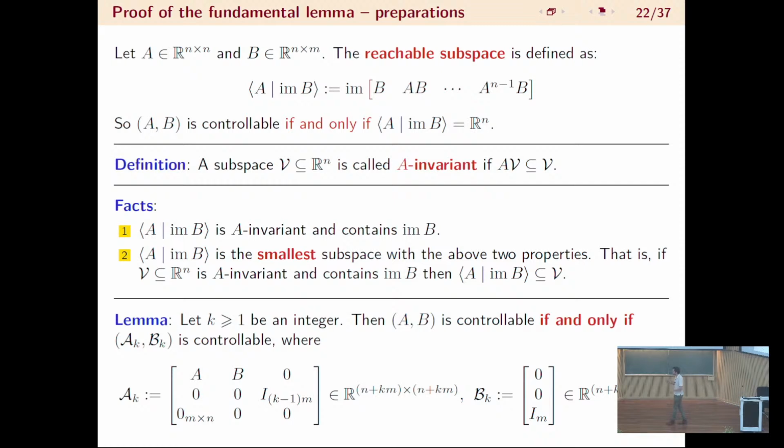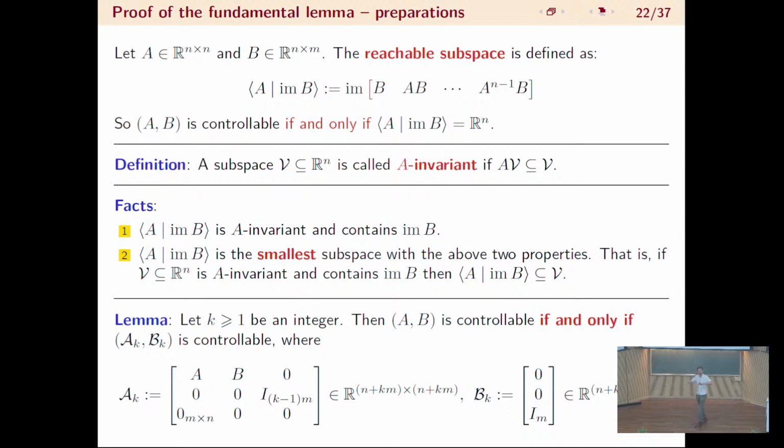Okay, then finally, we're also going to use this lemma. It's relating controllability of the pair AB to controllability of a pair of extended matrices. So let's have a look at these extended matrices. I define for a given positive integer k, this matrix calligraphic A_k over here. What is that? Well, it takes A, B, puts zeros here, and an identity matrix of size (k minus 1) times n.